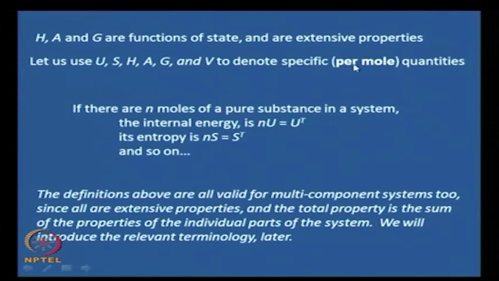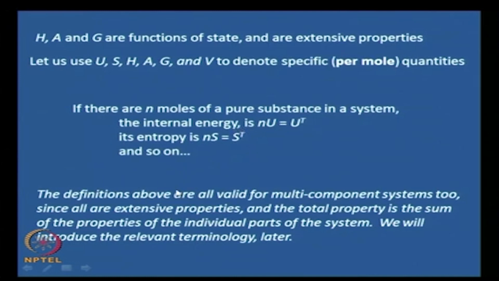Note that we started with per mole quantities, these symbols referring to per mole quantities, and we said that if there are n moles of a pure substance, we would use nU, nS and so on to represent the total internal energy, the total entropy and so on.